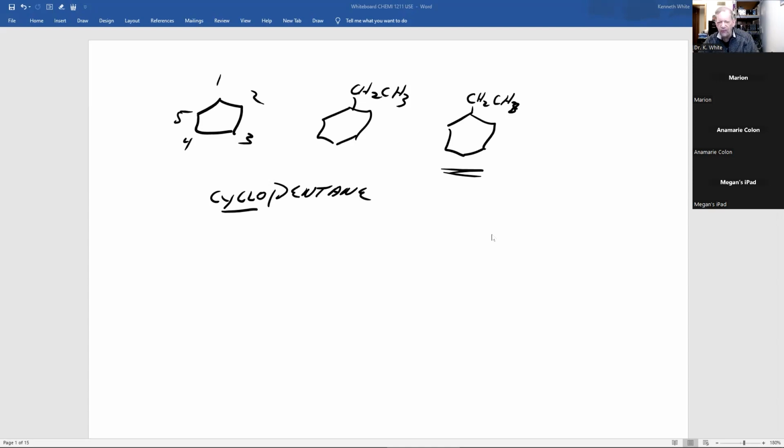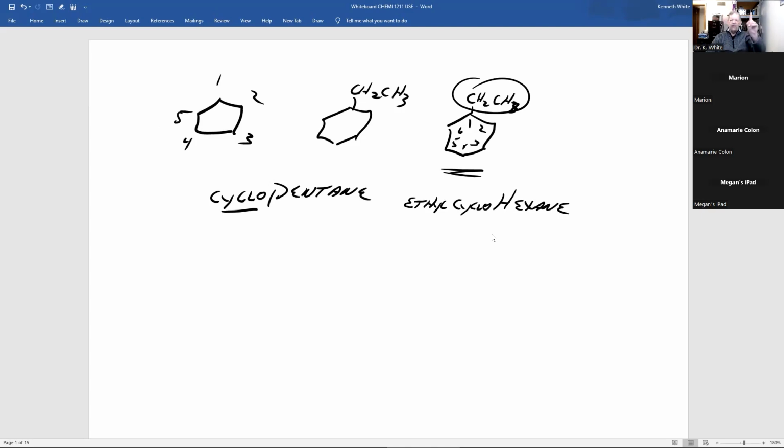What do we see? We see a ring. It's got 1, 2, 3, 4, 5, 6 carbons. 6 is hexane. It's a ring, cyclohexane, and 2 carbons is an ethyl group.